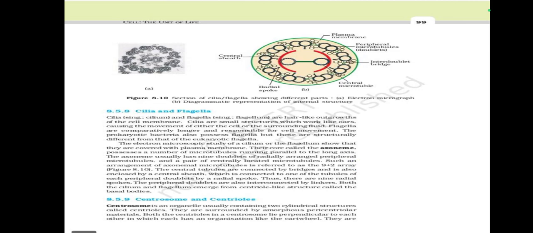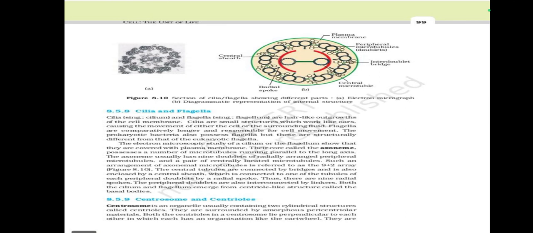Cilia and flagella are hair-like outgrowths of the cell membrane. Cilia are small structures which work like oars, causing the movement of either the cell or the surrounding fluid. Flagella are comparatively longer and responsible for cell movement.